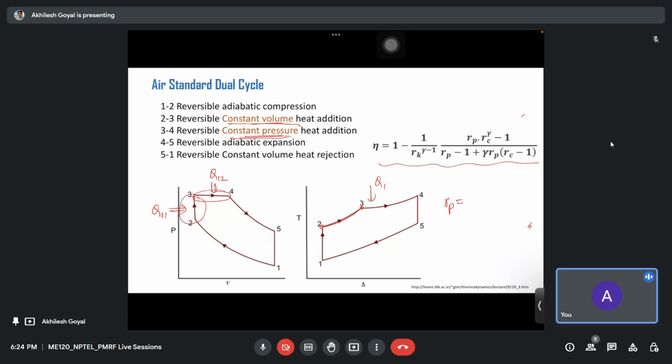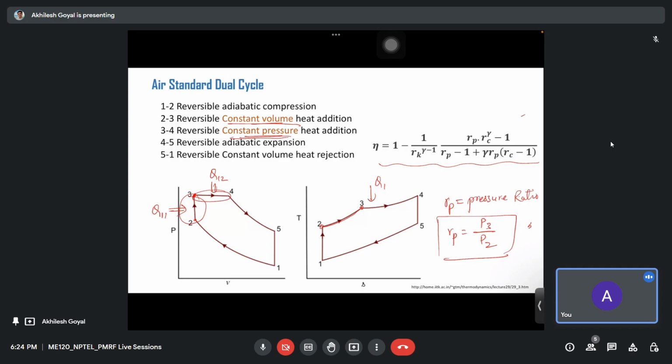So rp is the pressure ratio, and it is defined as the pressure at point 3 divided by the pressure at point 2, from this point to this point.